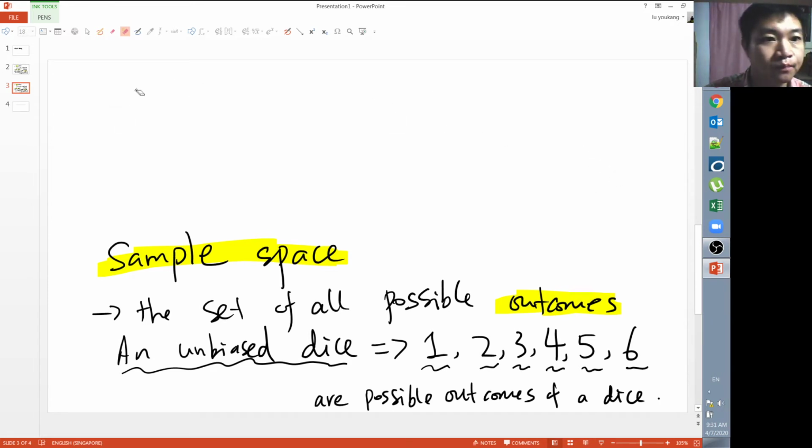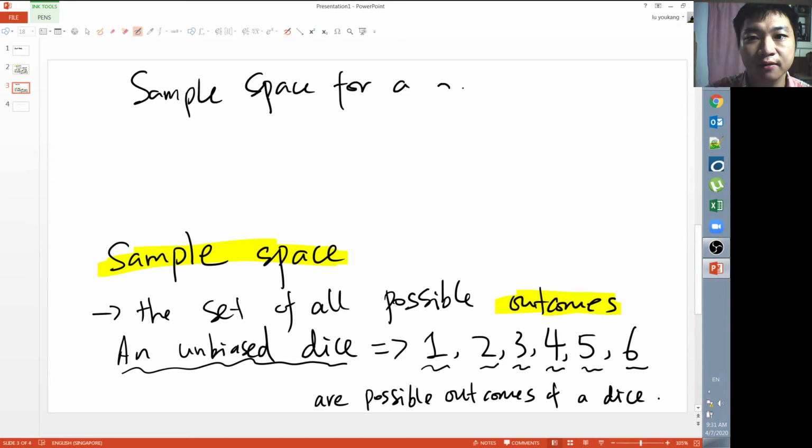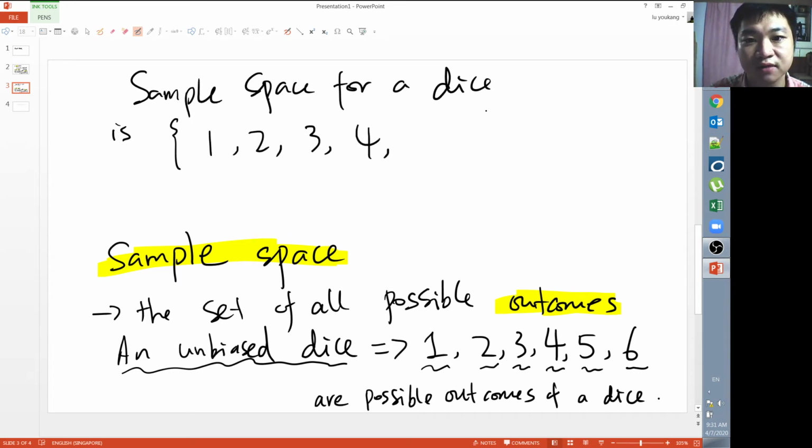All right, so the sample space for a dice is, you actually use set notation to represent it. So it's 1, 2, 3, 4, 5, 6, right? So this is your sample space. You can use set notation language to represent the sample space for a dice.